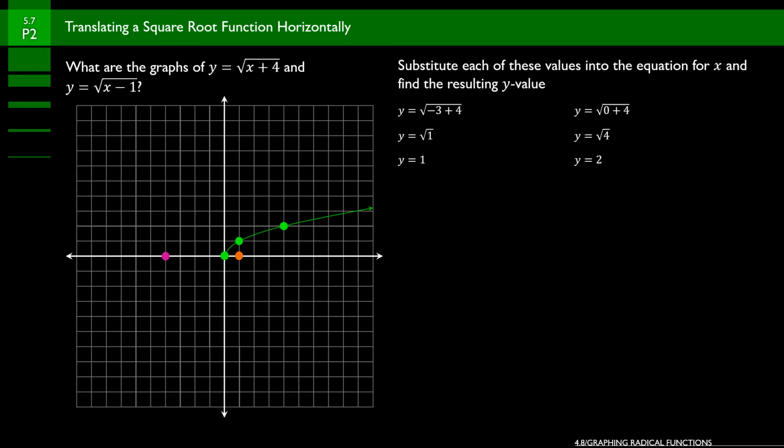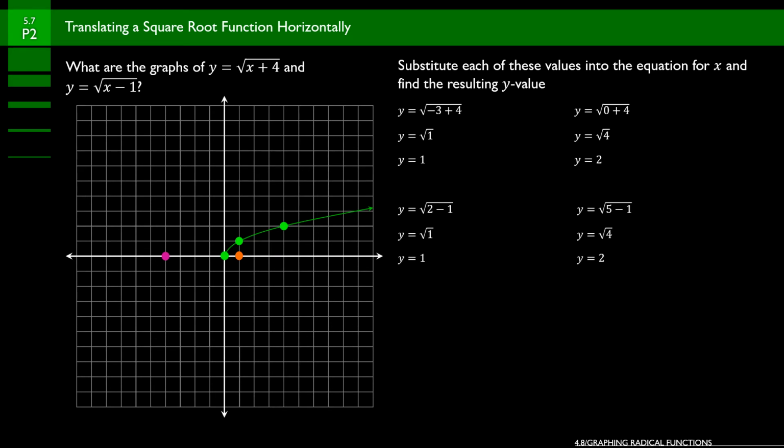On the second one, y equals the square root of x minus 1, we're going to be looking at, again, x minus what equals 1, and that value is 2. Then x minus 1 equals 4, 5. So we're going to do 2 and 5 for the second equation.